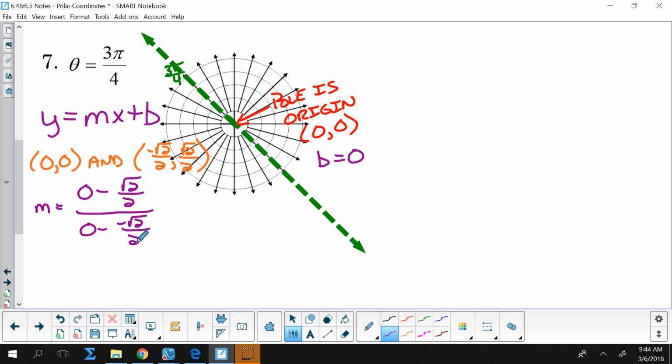Subtract the y's over subtract the x's, which is negative square root 2 over 2 divided by positive square root 2 over 2, which is really negative 1.